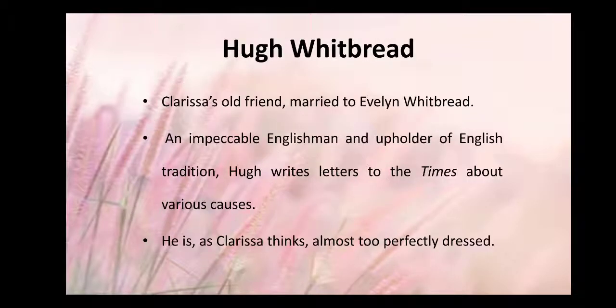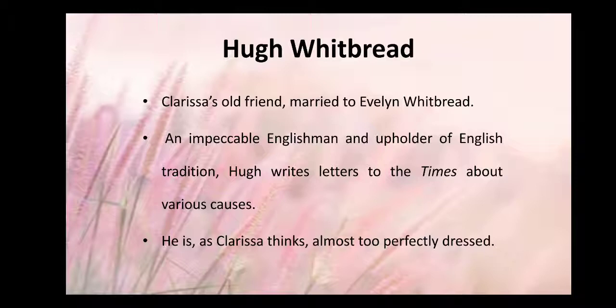So the next character we have is Hugh Whitbread. Now this is another old friend of Clarissa who is married to Evelyn Whitbread. He is an impeccable Englishman, an upholder of English tradition, and he writes letters to the Times about various causes.